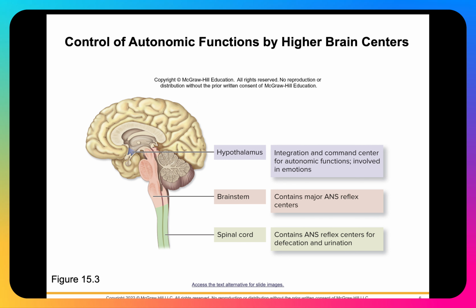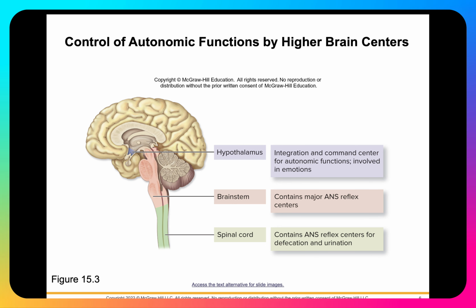Now, when we look at how the central nervous system is involved with the autonomic nervous system, the first area we need to address is going to be the hypothalamus. We want to think of the hypothalamus as the control and integration center for autonomic functions. It has other functions as you studied previously in AMP1, but we're going to focus on the relationship between the hypothalamus and the autonomic nervous system.